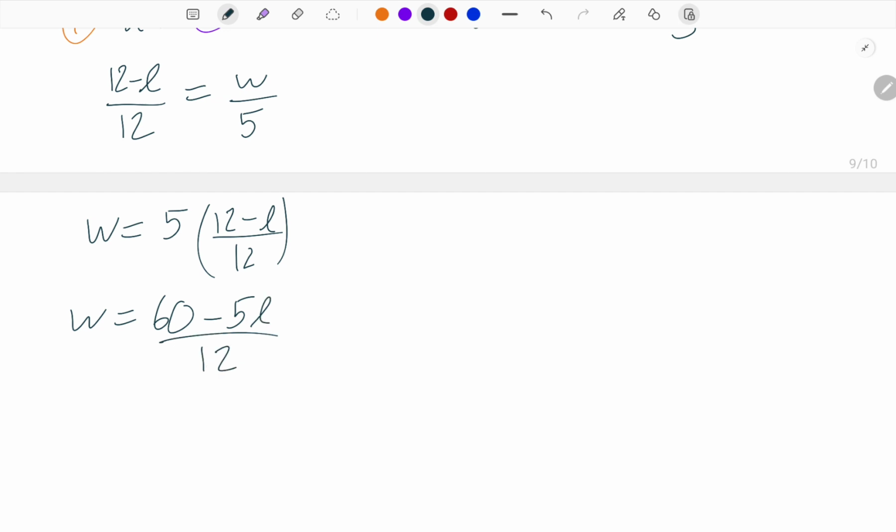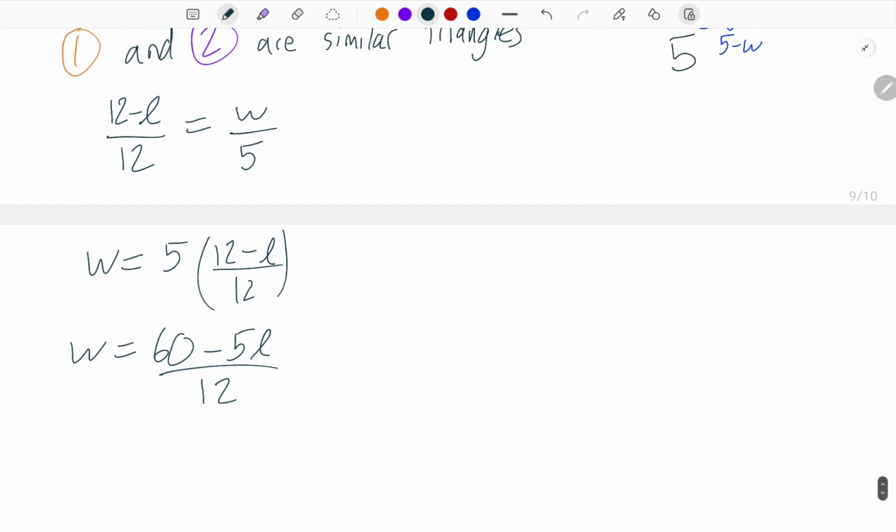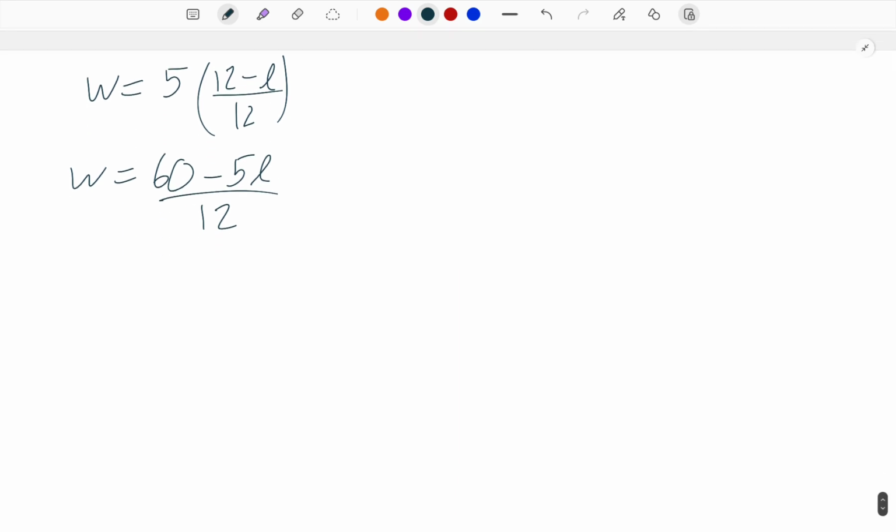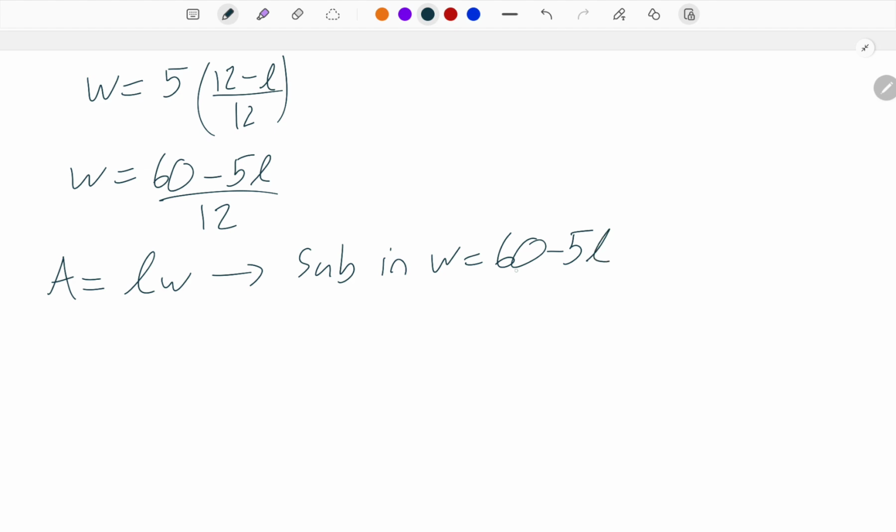We actually have a way of measuring out the width in terms of the length. And again, why are we doing this? Well, in the end, we always want to get our measurements down to one variable. And if we take a look at the area, well, what's the area of the rectangle? Length times width. We have 2 variables there, so we want to replace, so sub in W with what we just found out.